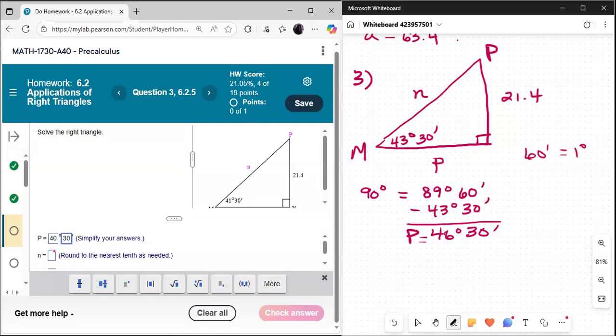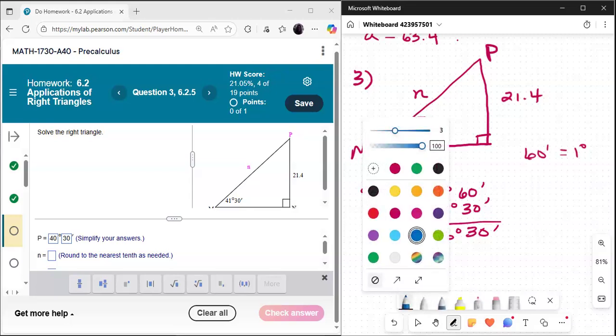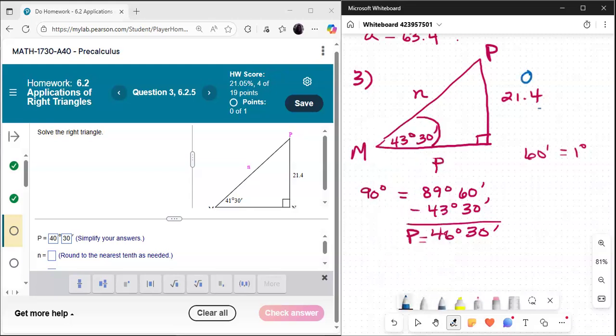To find small n, we can take this angle here, and we can see that the side opposite is known, and we're looking for the hypotenuse, which is n. Okay, so this is the opposite, this is the hypotenuse.